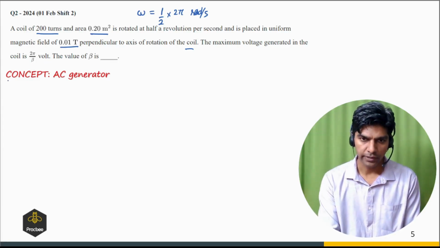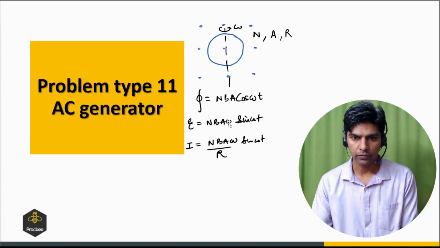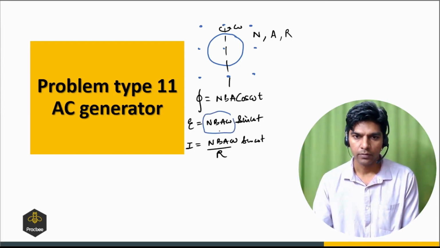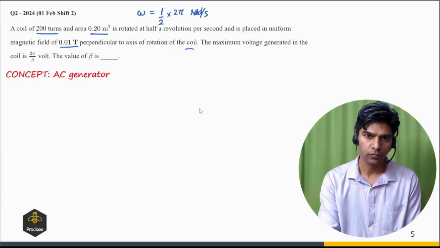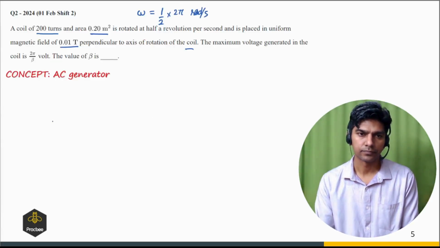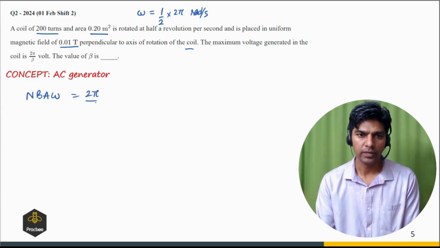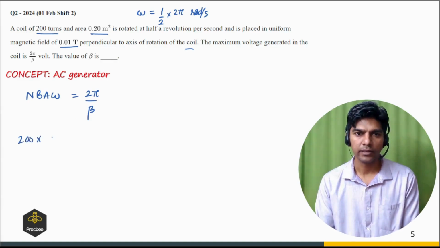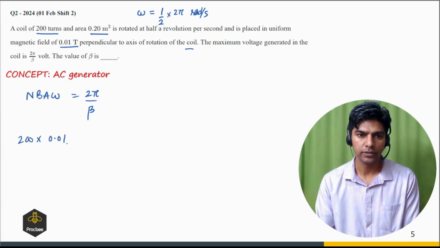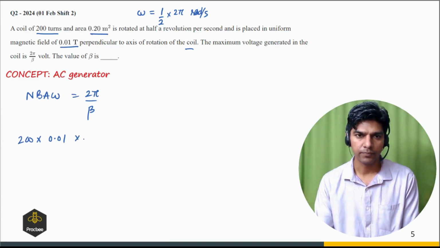So maximum voltage is the EMF value, right? So if you look at this relation, it is NBA omega. So the maximum voltage will be NBA omega, and this is given as 2 pi by beta. So let us simplify this. So N is 200, magnetic field is given as 0.01, and area is given as 0.20, and angular velocity is pi.